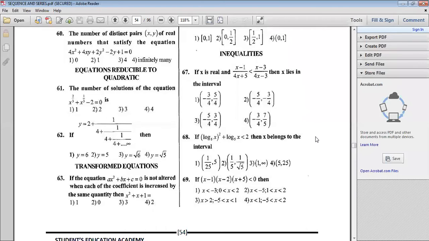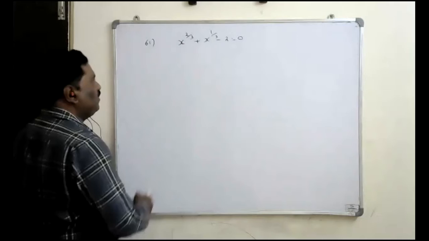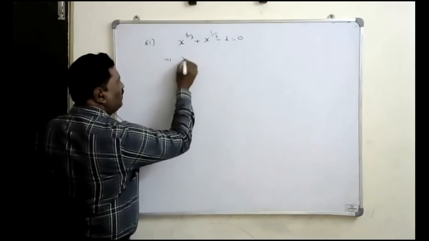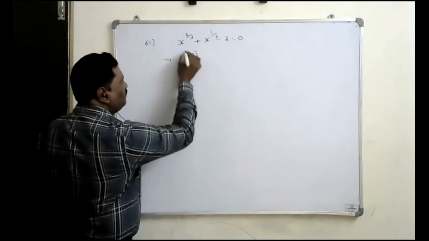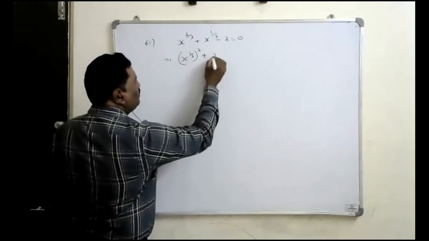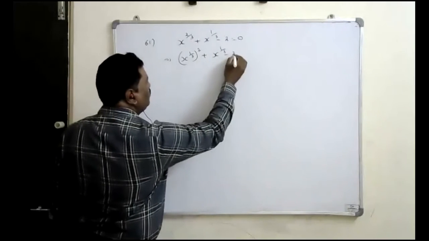This model of problems you are already aware of from the 10th class. x^(2/3) + x^(1/3) − 2 = 0. The number of solutions of this equation. Just observe this. Here x^(2/3) I can write as (x^(1/3))², plus x^(1/3) minus 2 is equal to 0.